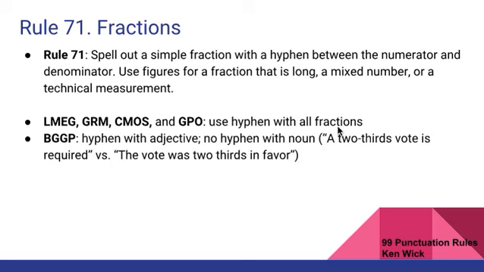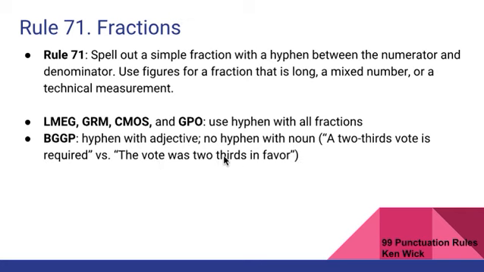The BGGP is a little different. It uses a hyphen with an adjective that's a fraction, but no hyphen with a noun. So like a two-thirds vote, two-thirds is actually an adjective describing the word vote. A two-thirds vote is required, versus the vote was two thirds in favor.